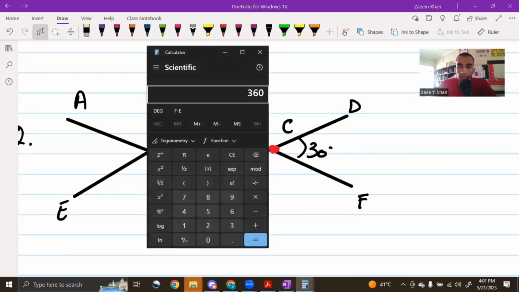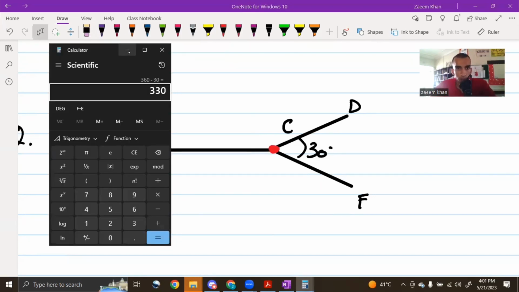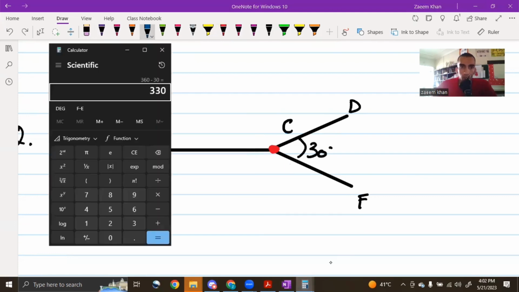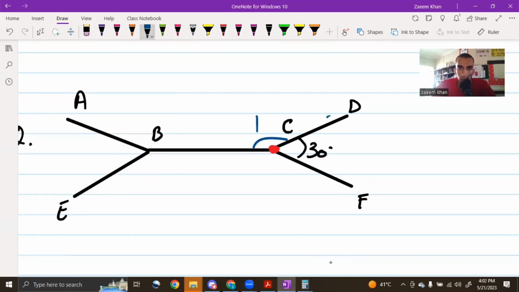So if I subtract this 30 from 360, what am I left with? 330. Now 330 needs to be divided amongst two parts, over here and over here. Divide this 330 by 2 to get two equal parts: 165. How do I know it's two equal parts?